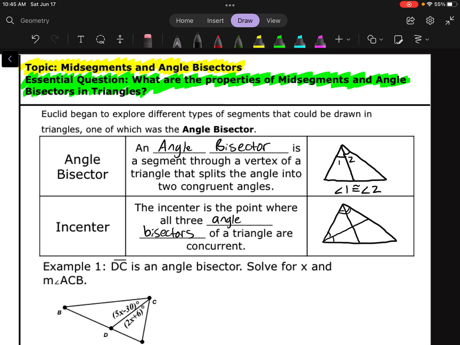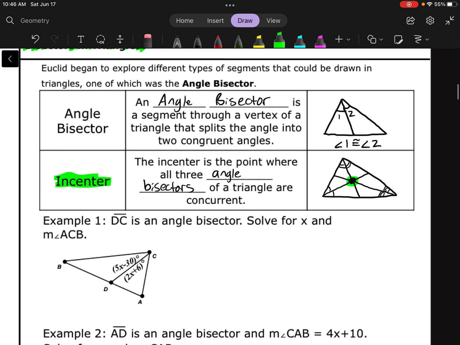Mark all those angles as being congruent. And if you do it well, all three of those should intersect at one point. And like we just said, that point is called the incenter. So that point right there, that is the incenter.